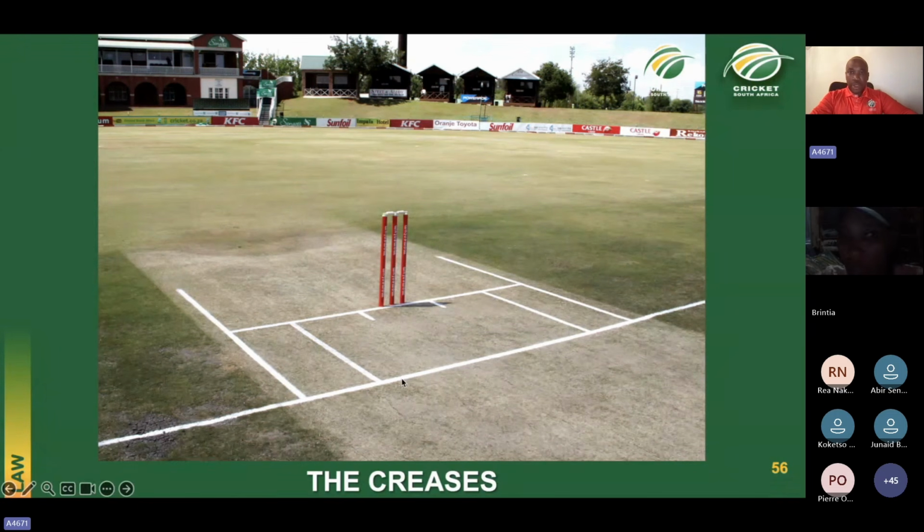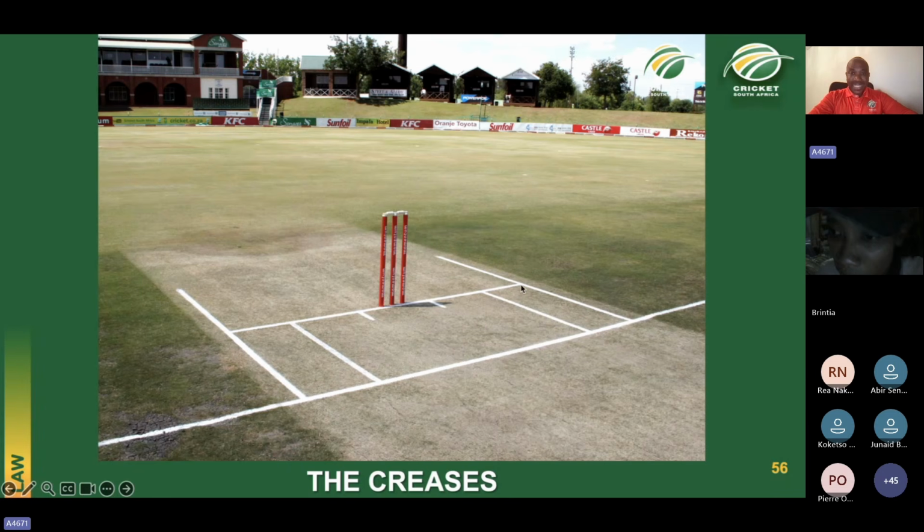This pitch was prepared and the creases were marked for a limited overs match at JB Marks Oval in Potchefstroom in South Africa. So I'll take you through the wide guideline measurements. They are not measured from the stumps. They are measured from the return crease.